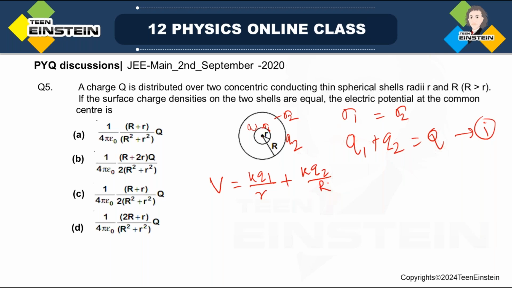But now what are Q1 and Q2? You have to express them in terms of sigma and capital Q. That is the tricky part here.